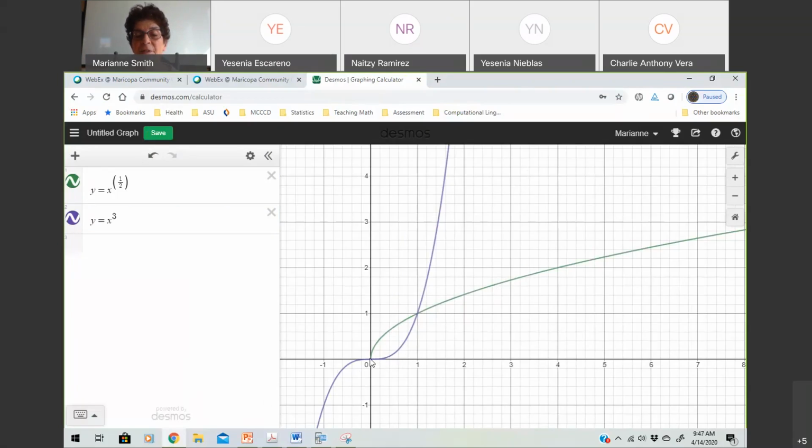And all I have to do to find where they cross is just click on those points. So this tells me very quickly my upper curve is the square root, and the bounds of integration are from 0 to 1. Is everybody okay with the Desmos graph?